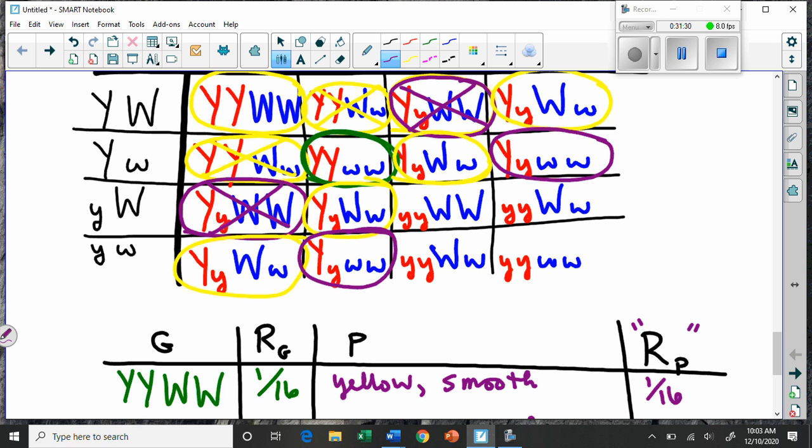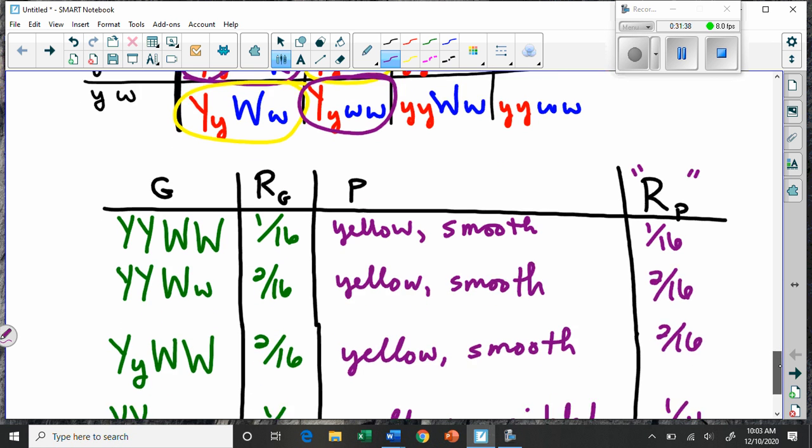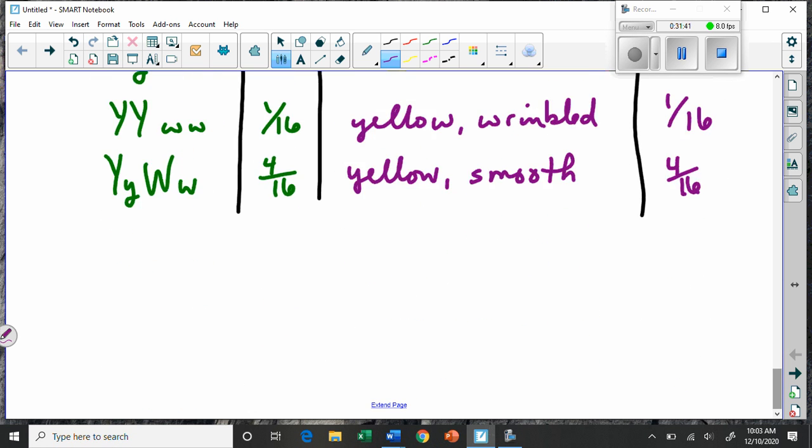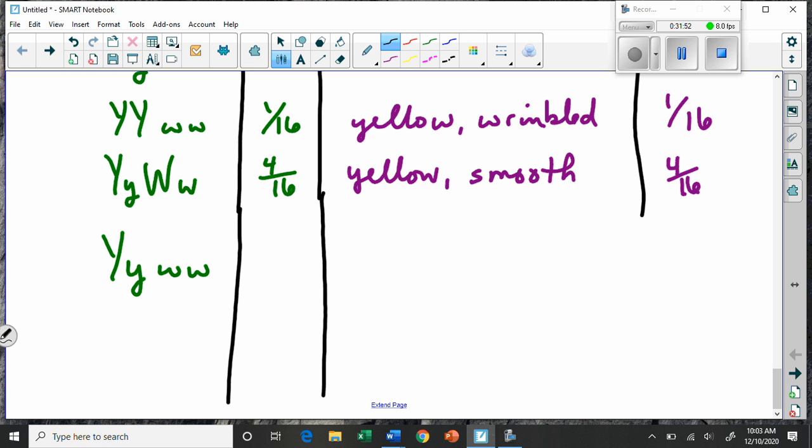Those are the only 2. Heterozygous Y, homozygous recessive. Heterozygous for this, but now 2 small w's. Essentially, what we're doing here is bookkeeping, right? And there were 2 of them, so 2 out of 16. Sorry, green. 2 out of 16. The phenotype would be, again, yellow. So far, everything's been yellow, but now wrinkled again.